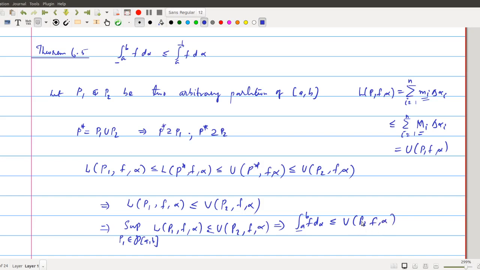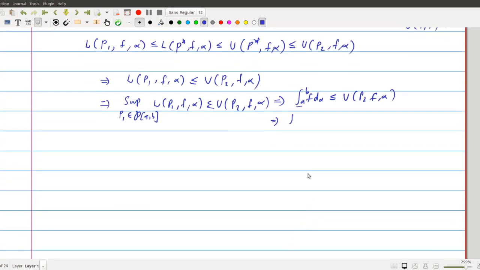Now take the infimum over all partitions P2 belonging to P of [a, b]. This implies the lower integral from a to b of f d alpha is less than or equal to the infimum over P2 belonging to P of [a, b] of U(P2, f, alpha).